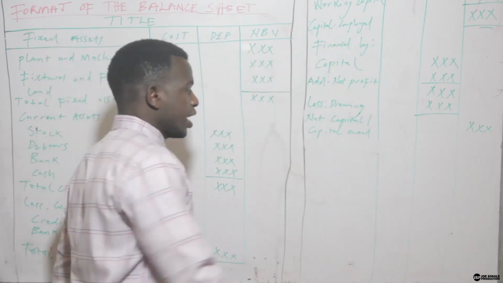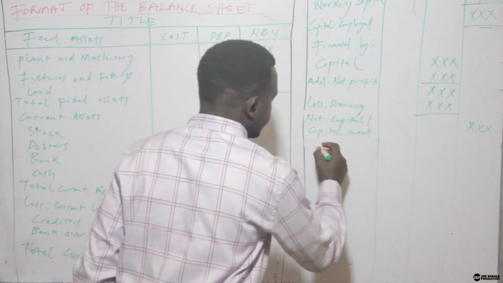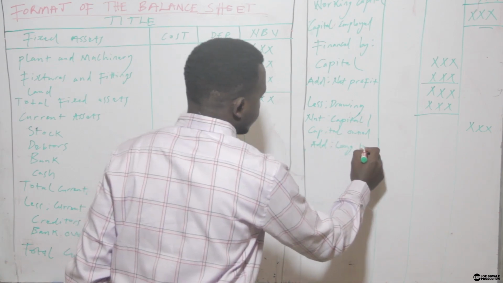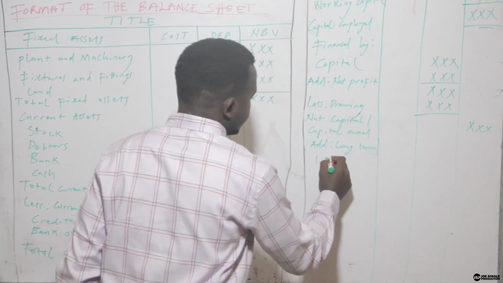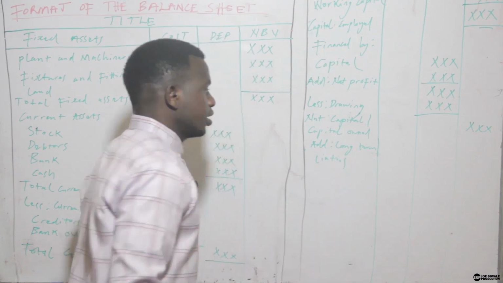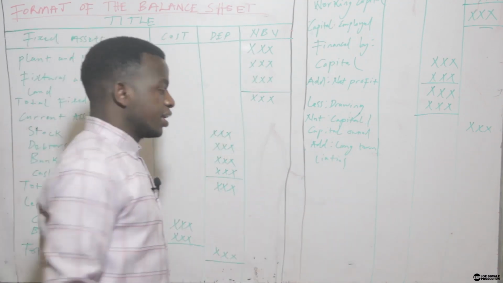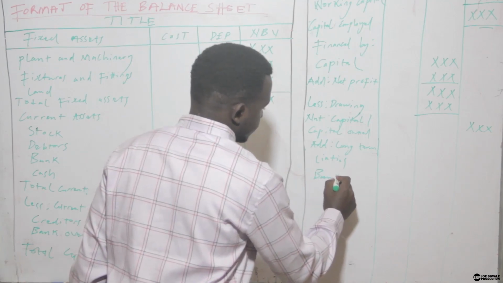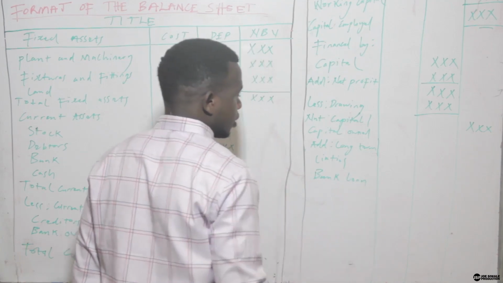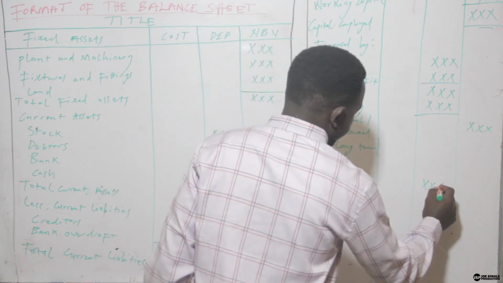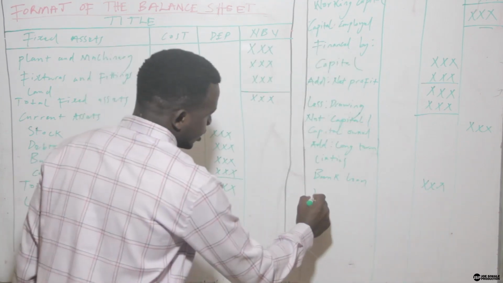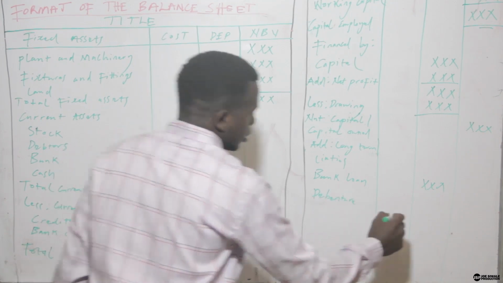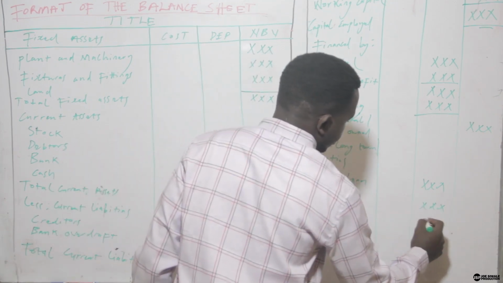Then we can say add long-term liabilities, and these long-term liabilities we can have bank loan, so bank loan here, then we can also have debenture, so we can have debenture there.